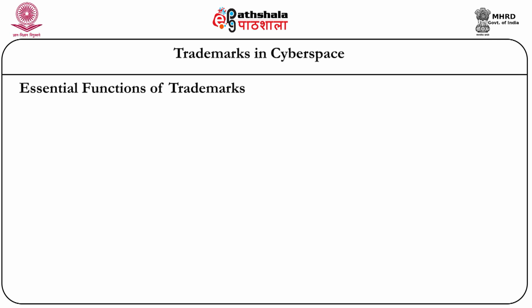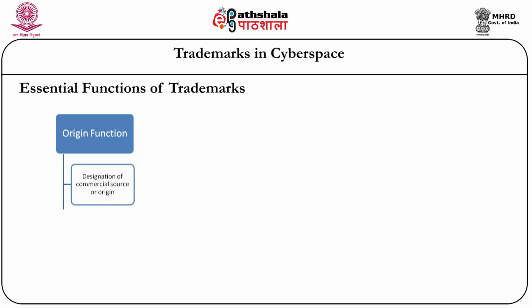The first, as we have discussed, is the origin function. Origin function is nothing but the capability or the capacity of a trademark to distinguish the goods and services of one person from that of another. If I were to rephrase what I just said, the origin function simply means that a trademark identifies the origin of a specific good or service in the market.